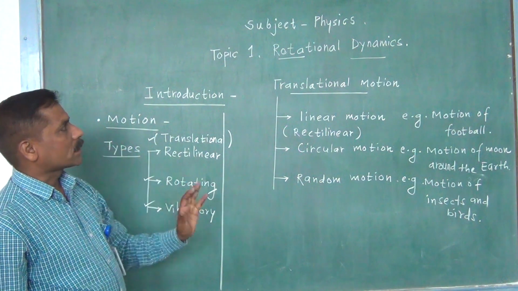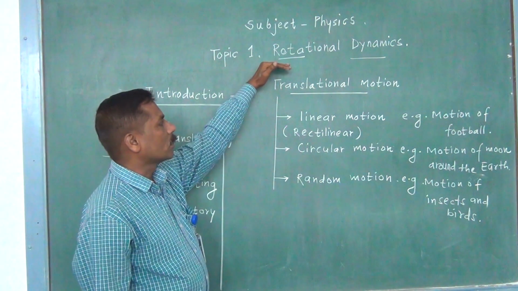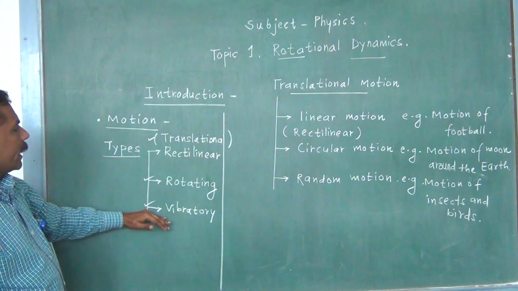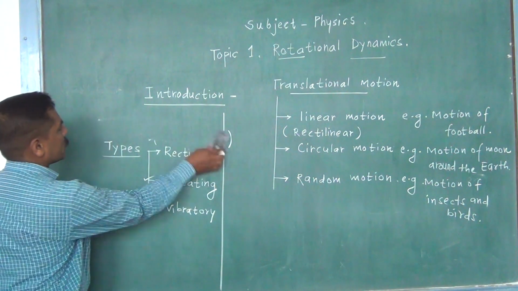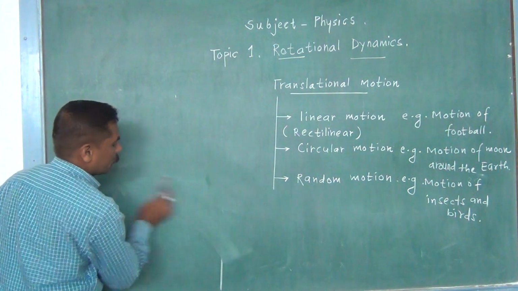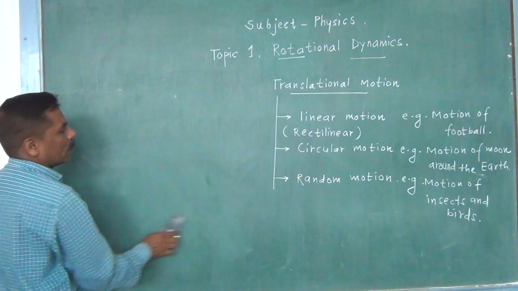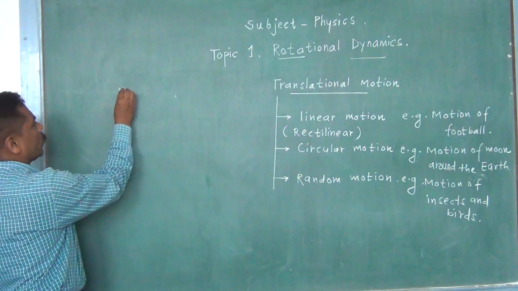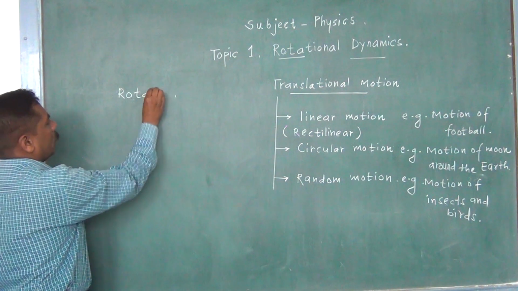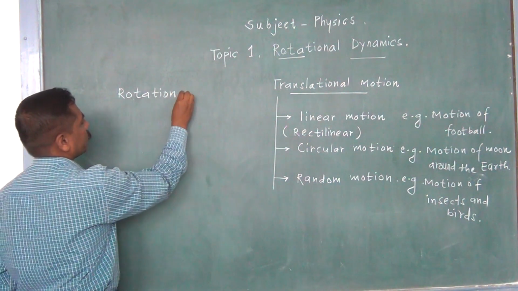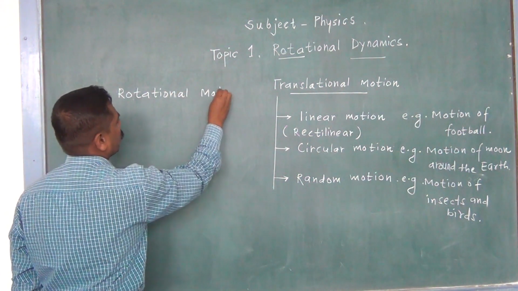We want to discuss the rotational motion. Now here again, if you observe the second type of motion, it is given as the rotational motion. So we are going to explain about this motion also.